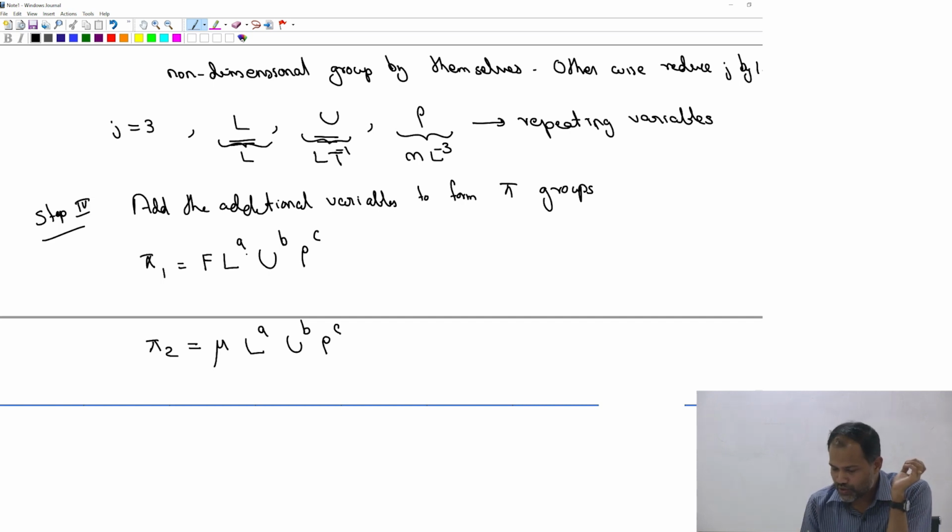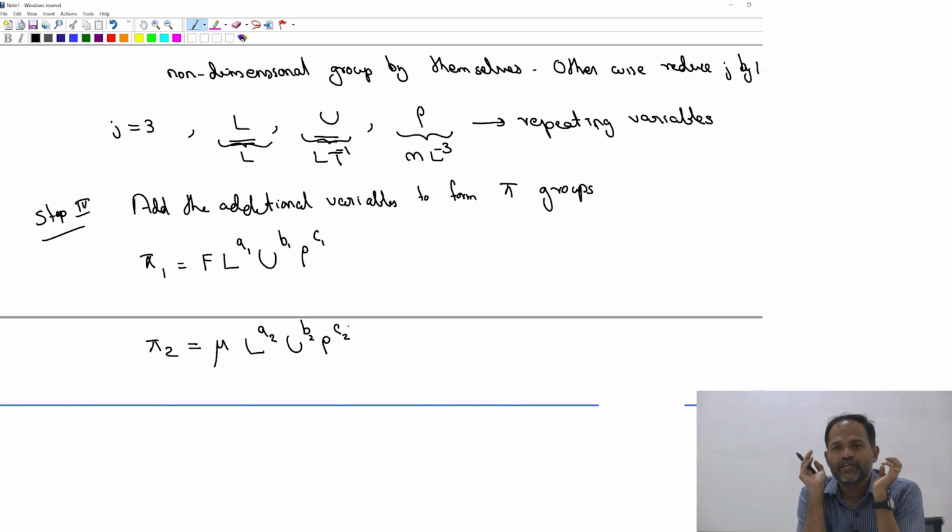Let's call this A1, B1 and C1 and let's call this A2, B2 and C2. I do not know what the values of A1, B1 and C1 are, but all of them have got some dimensions. So I may be able to find some A1, B1, C1 such that it forms a non-dimensional number.